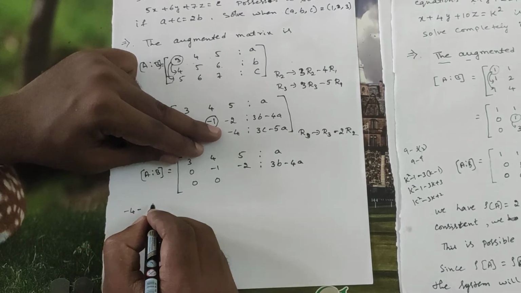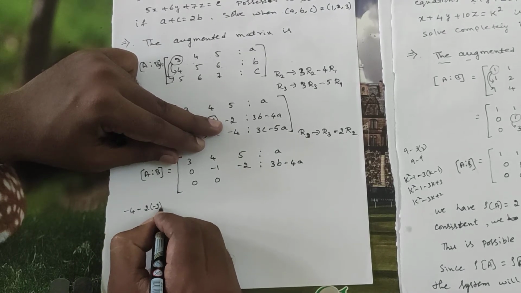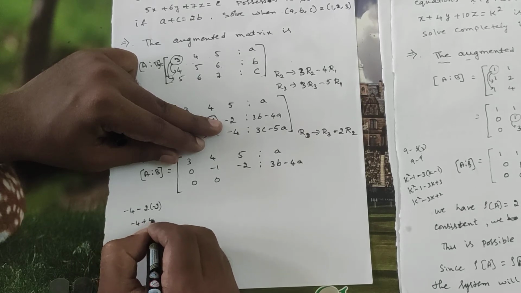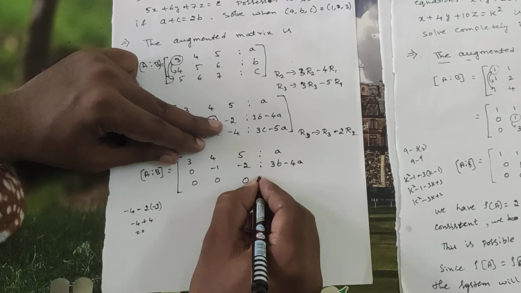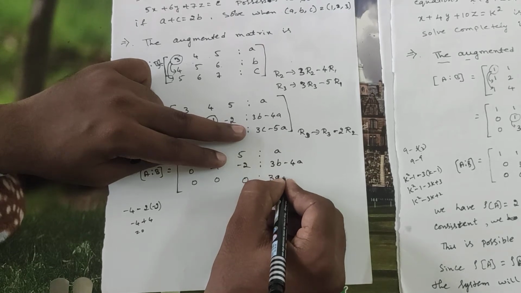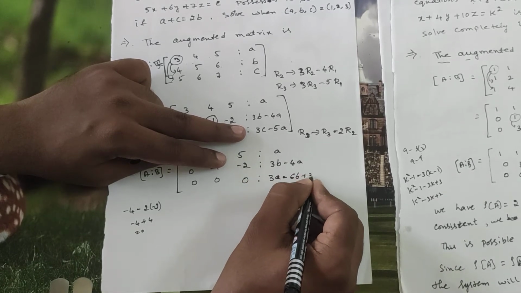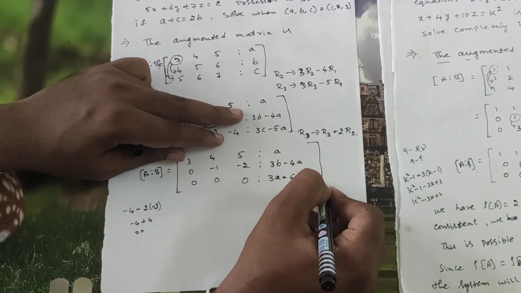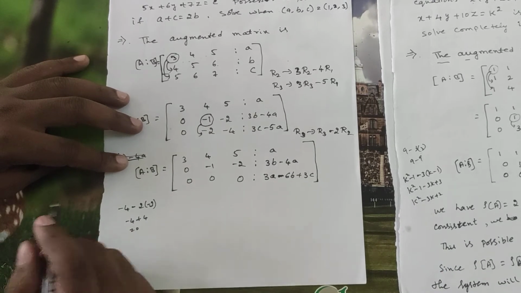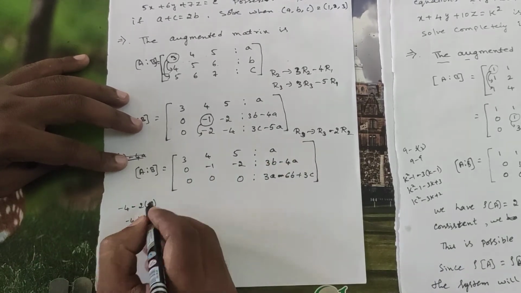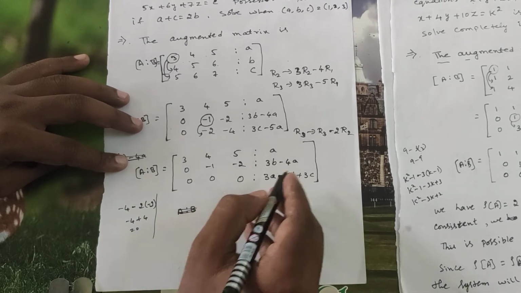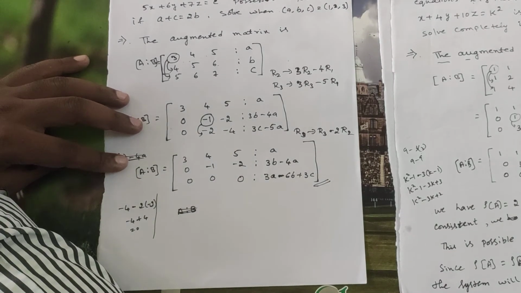And here what do you get? Minus 4 minus 2 into minus 2, so minus into minus is plus, minus 4 plus 4, so this term becomes 0. And here now this becomes 3A minus 6B plus 3C. So now, A, B. Let us stop here only.